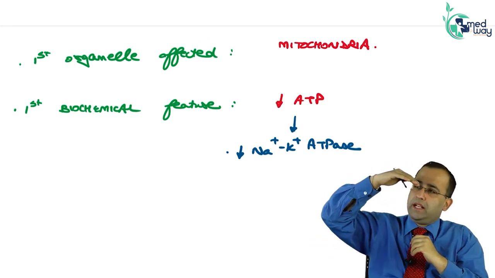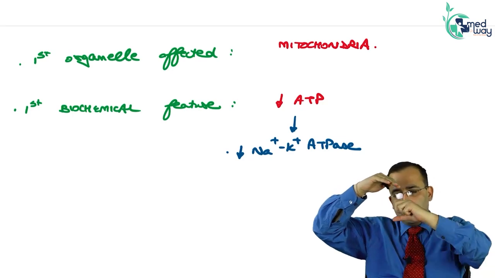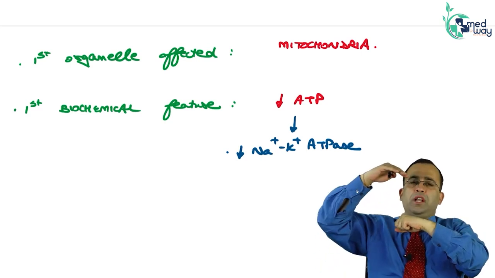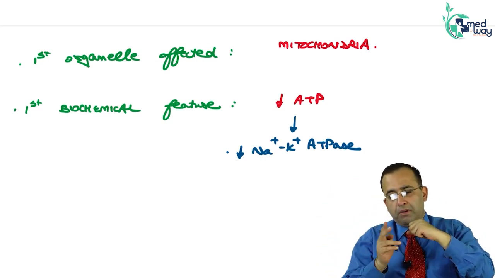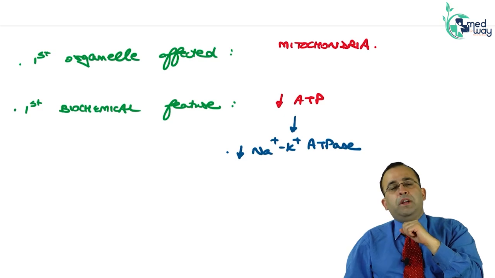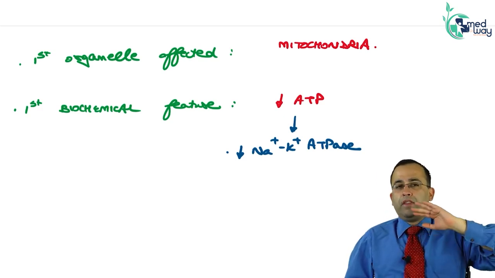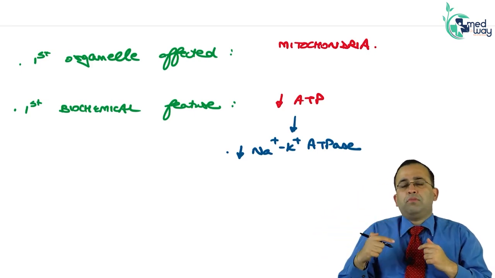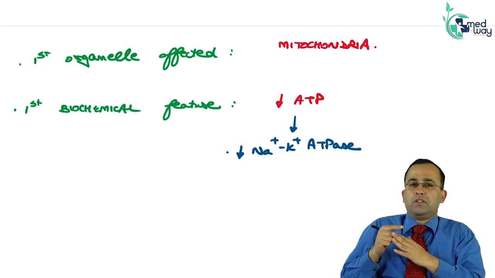Sodium is more extracellularly. Potassium is more intracellularly. This imbalance is maintained by the sodium-potassium ATPase pump, which needs ATP. In cell injury, ATP reduces, so the efficacy of this pump reduces.